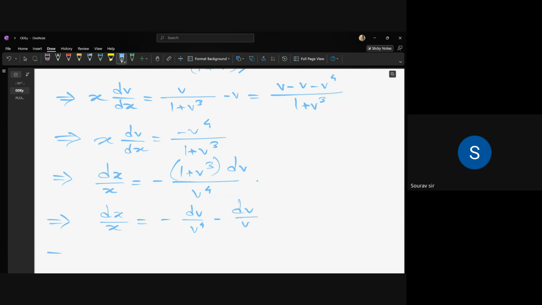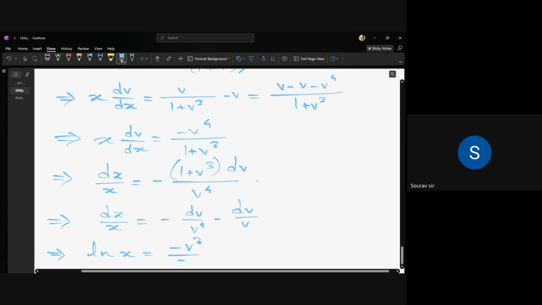So we are basically getting ln x equals minus v cube by, sorry, just a minute.